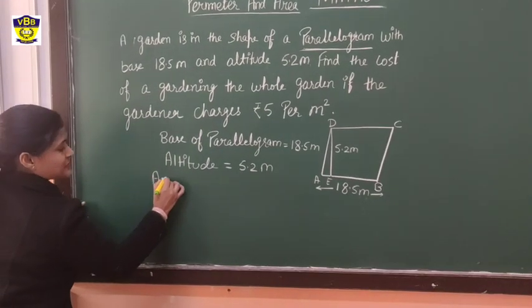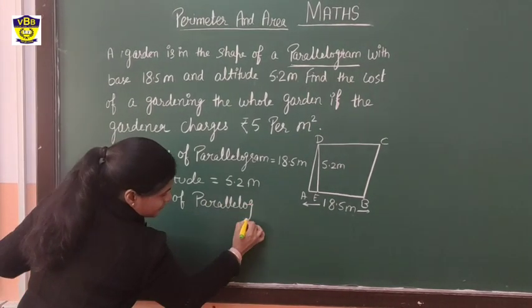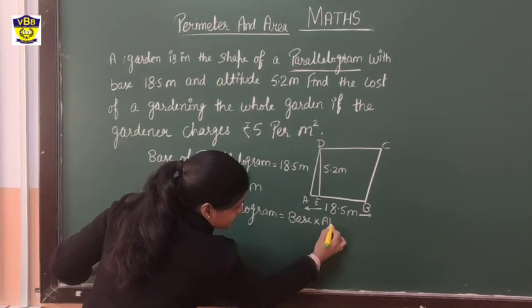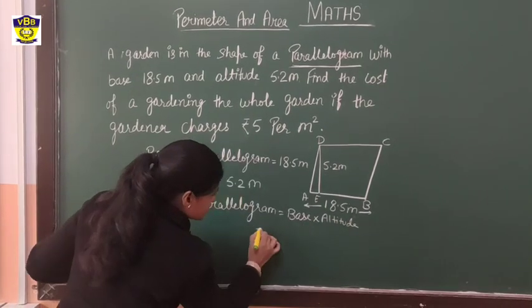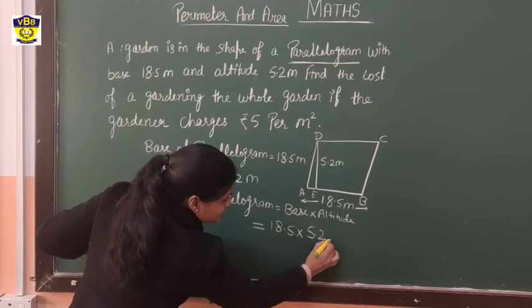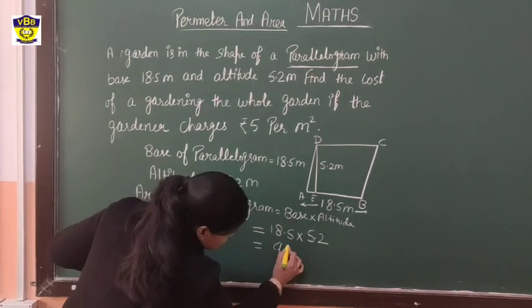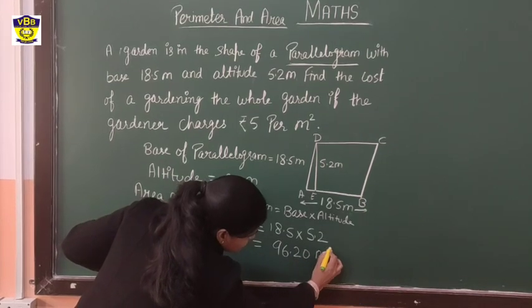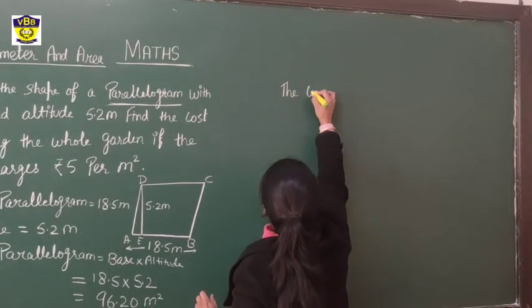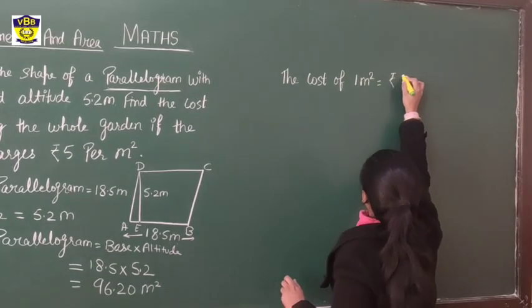Area of a parallelogram is equal to base into altitude. Base value is 18.5 and altitude is 5.2. When we multiply these two numbers, we get 96.20 meter square. Now the cost of 1 meter square is rupees 5.